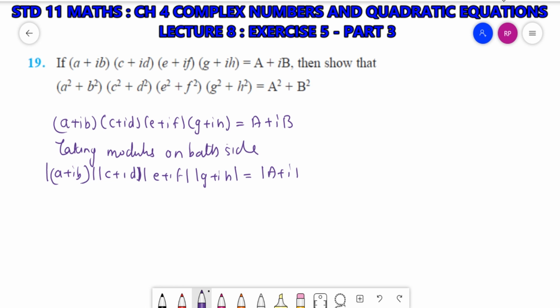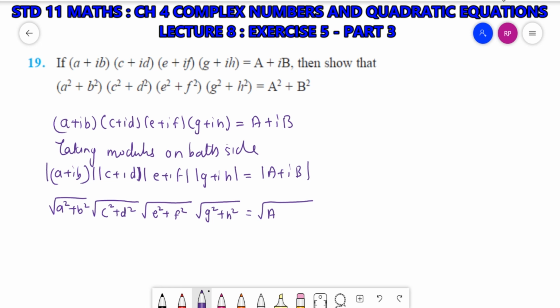The modulus of a plus ib is the square root of a squared plus b squared. This will be the root of c squared plus d squared, the root of e squared plus f squared, the root of g squared plus h squared, and this will equal the root of a squared plus b squared.